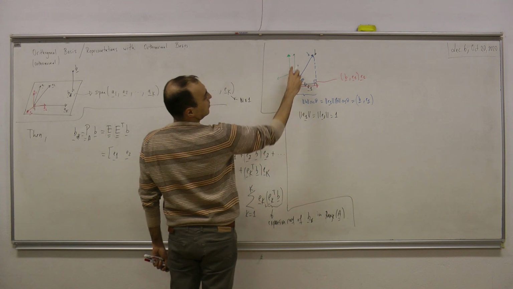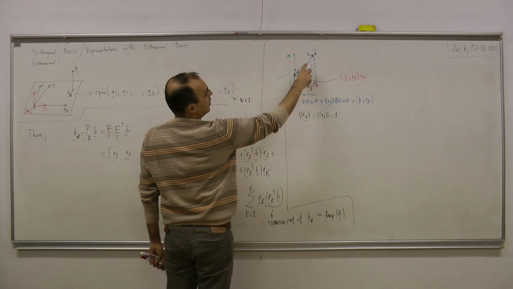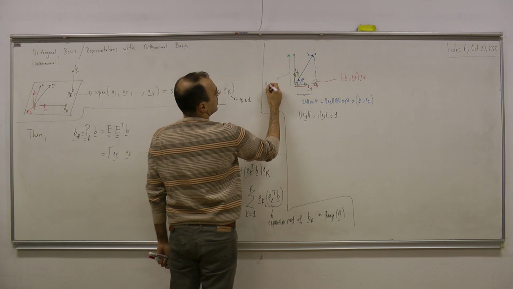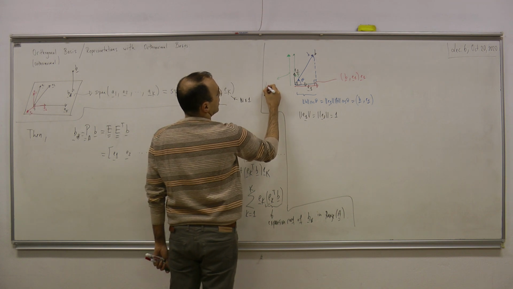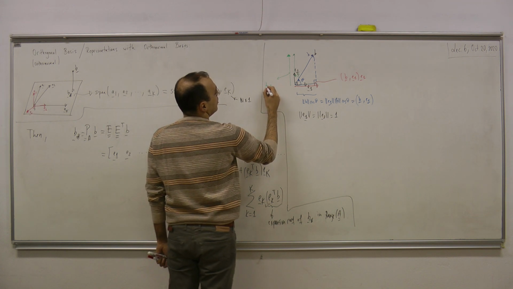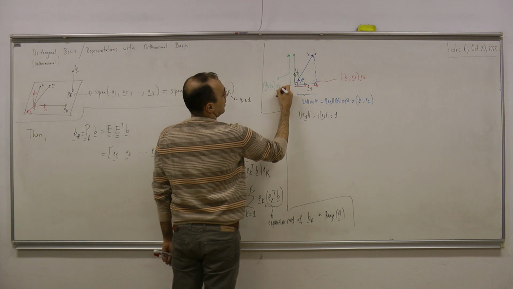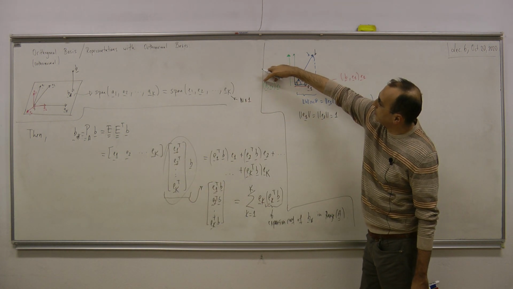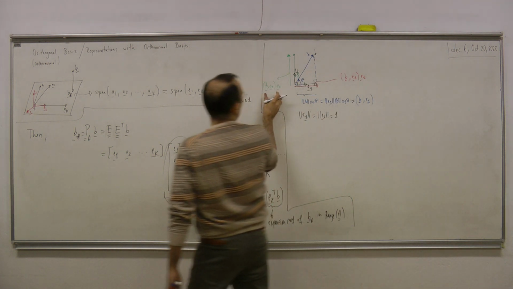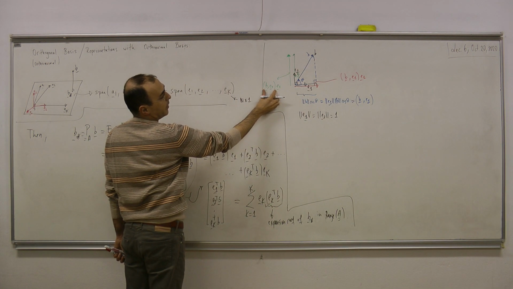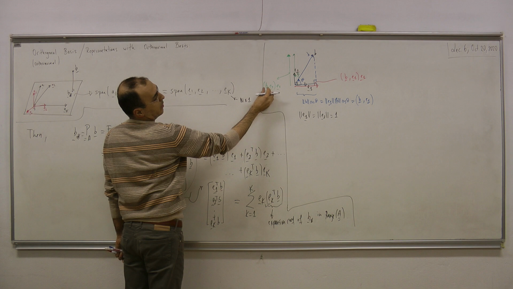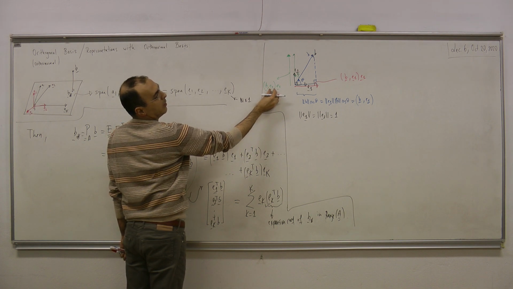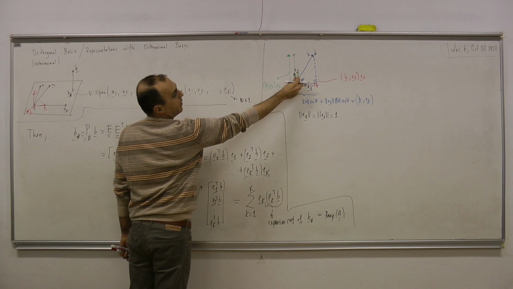The norm of this green vector is B, E2, and E2, because this coefficient is nothing but the norm of B, the norm of E2, and the angle between them.